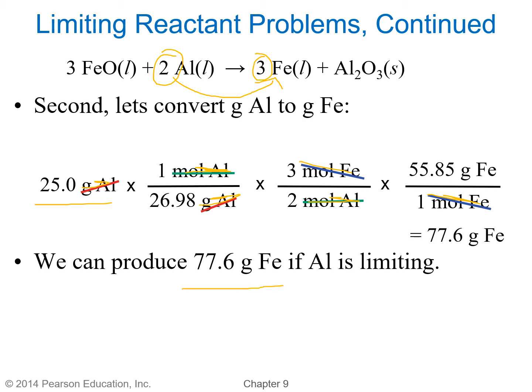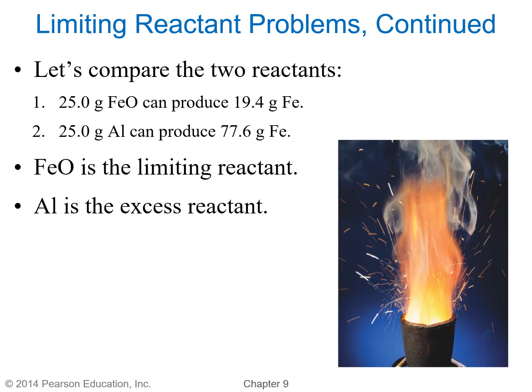So let's compare those two numbers that we just got. So comparing the results, the 25 grams of iron(II) oxide gives us 19.4 grams of iron, whereas the 25 grams of aluminum will give us the 77.6 grams of iron. Which one is the limiting reactant? The limiting reactant is the one that gives us the smallest amount of product.